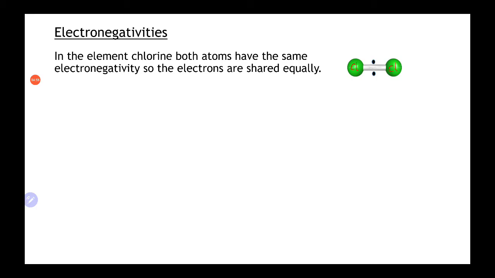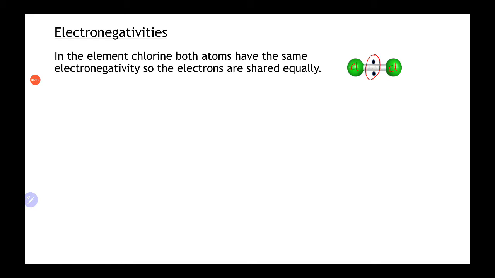All that means is that these two bonding electrons aren't favoured on either side of the molecule. So the electrons are shared equally, somewhere round about the middle, and they'll probably not move that much.